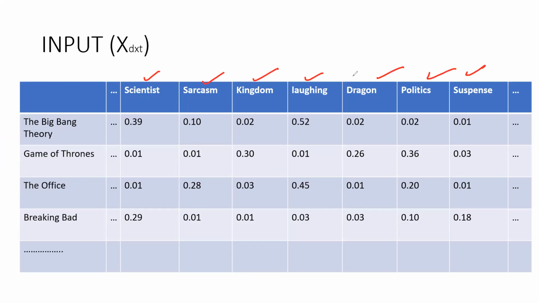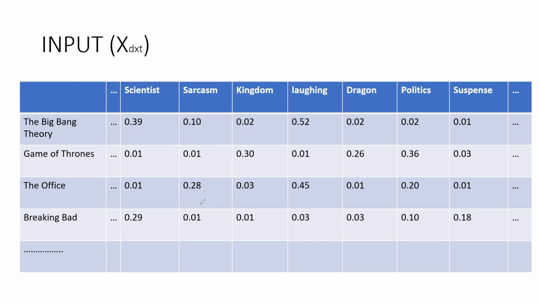Depending on whatever the topic is, we have given some numbers. For example, Big Bang Theory has scientists, and it is also funny, so we have given some number to laughing. These are the two keywords on which we can say Big Bang Theory refers to something when we have topics such as scientist or laughing. Game of Thrones has been highlighted where we have kingdom or dragon and even politics.